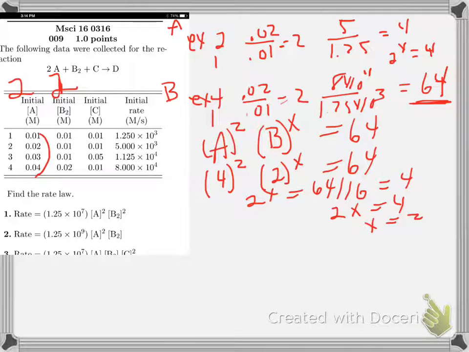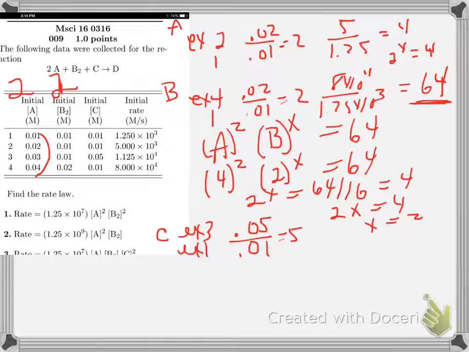Now let's take a look at what happens with C. For C, I am going to use experiment 3 and experiment 1, because B is the same. A changes, but we'll just go with what happens, okay? If I look at what happens to C, it went to 0.05 from 0.01, so that's a 5-fold increase in concentration.